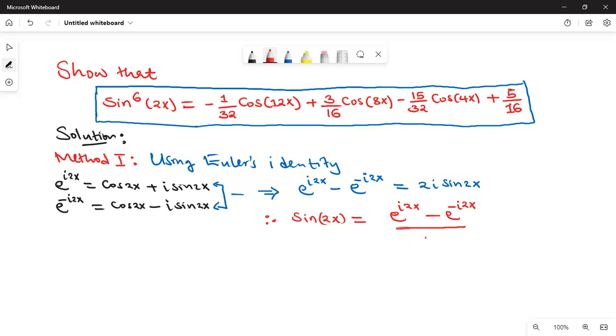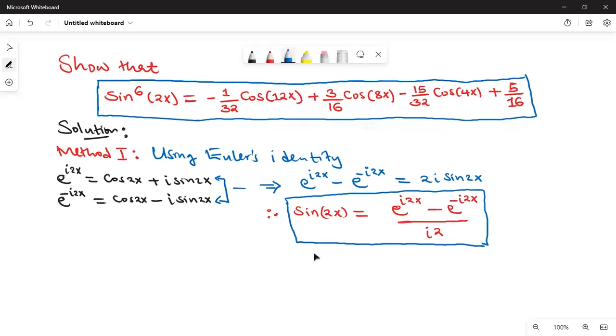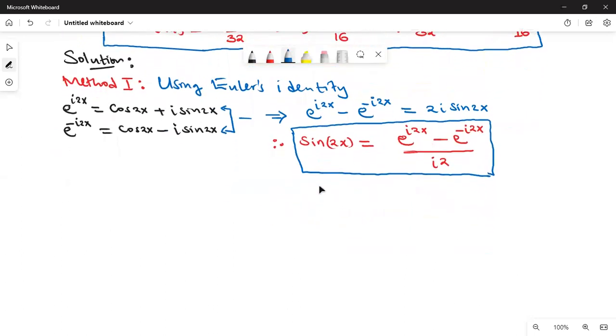That is the identity for sine 2x. You can write sine theta in terms of exponential function in this form. So now we need to expand this. We need to raise it to power 6 on both sides.